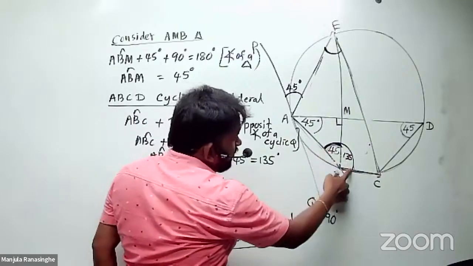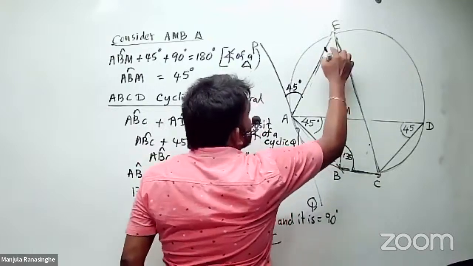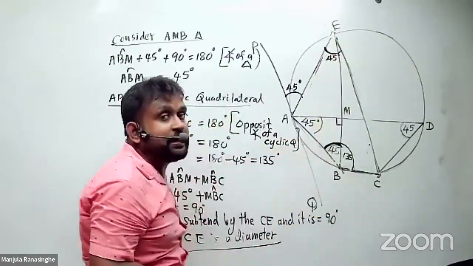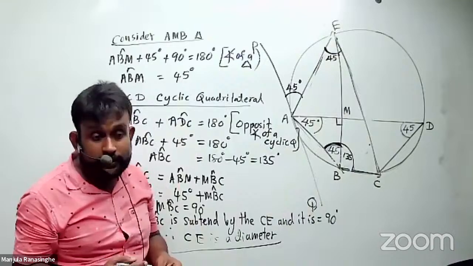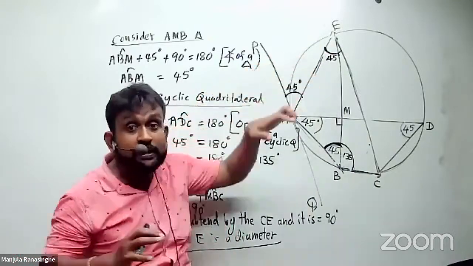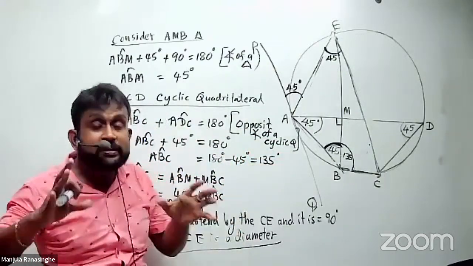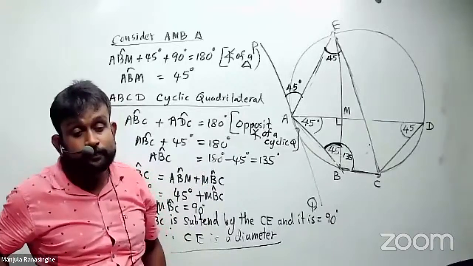So if this is 135, then that shall be 45. Why? The sum of the opposite angles of a cyclic quadrilateral is 180. Now you can see that this is 45, this is 45, but they are alternate angles. So if alternate angles are equal, that means the lines shall be parallel.